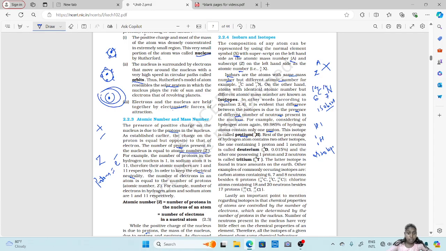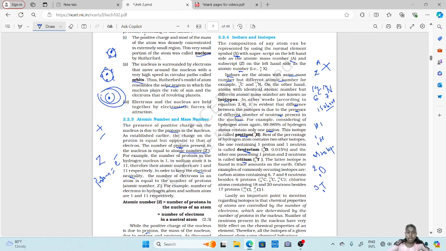For example, deuterium. Deuterium is a form of hydrogen only. It has atomic number one but its mass number is 2. Then we have tritium. Tritium has atomic number one and mass number 3.